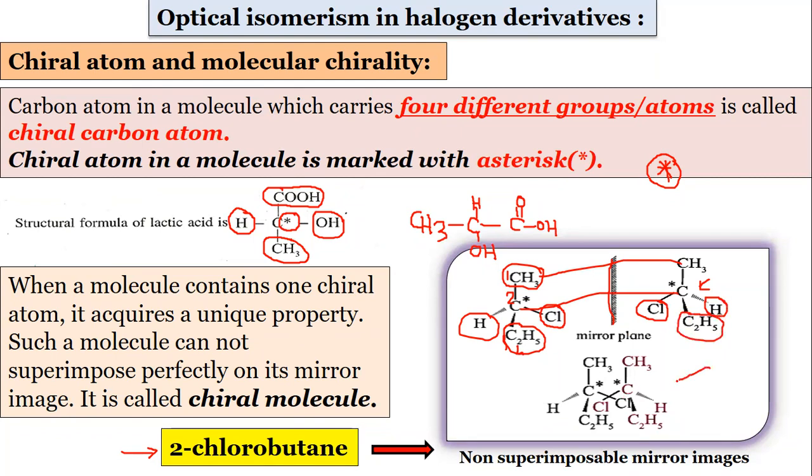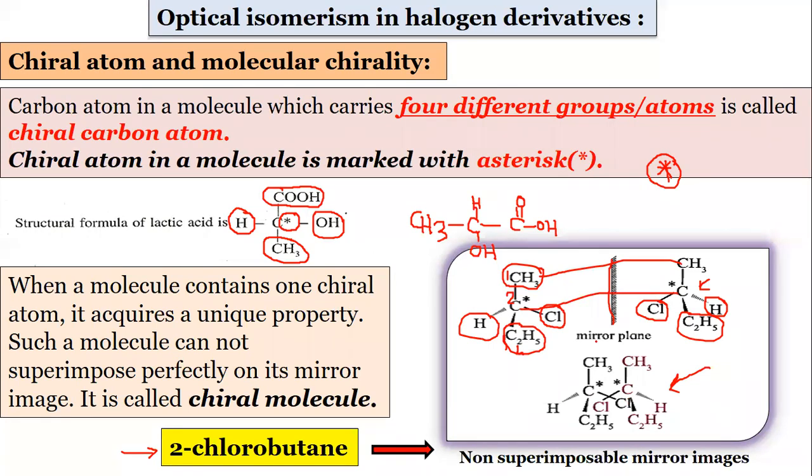It is shown in this diagram below. This is the Cl of this molecule, this is the Cl of that molecule, and they will not match. Such mirror images are called non-superimposable mirror images, which cannot be matched with each other.